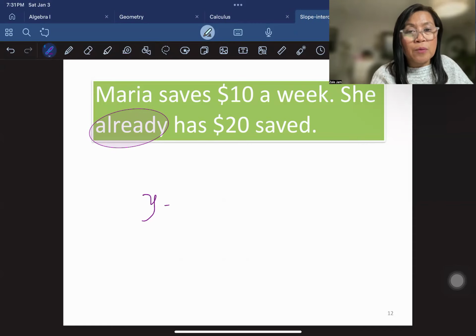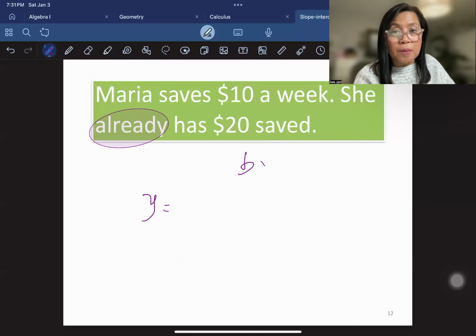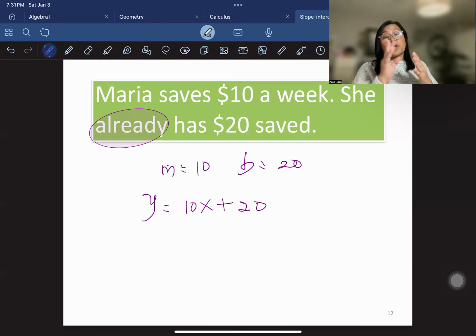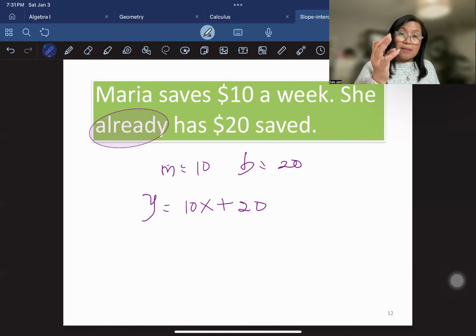So writing our equation, we have y is equal to, that's our b. B is $20, and our slope is equal to 10. So our equation would be 10x plus 20, because it's the word save.